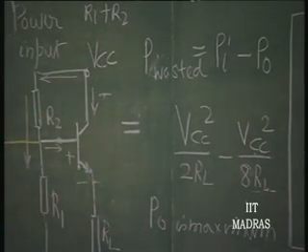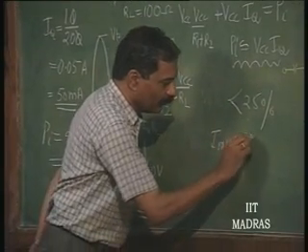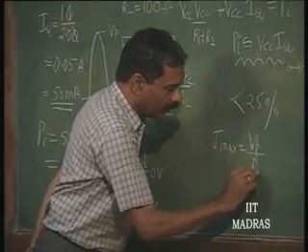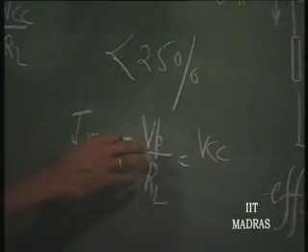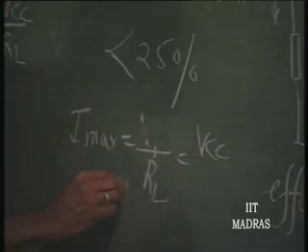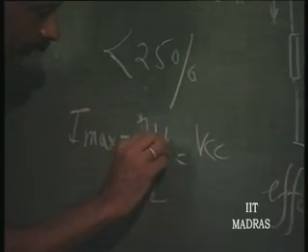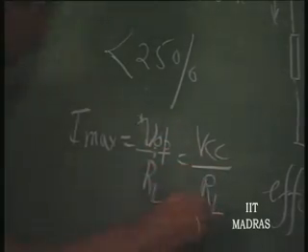So, the maximum current in this circuit, I max, is going to be V peak divided by RL, which is VCC. In fact, instantaneous value of V0 peak, that is VCC itself. So, VCC divided by RL.